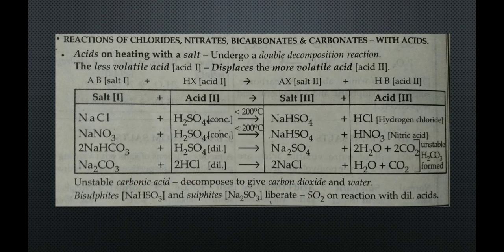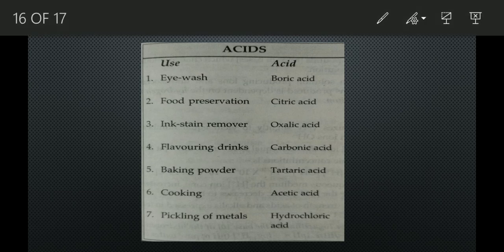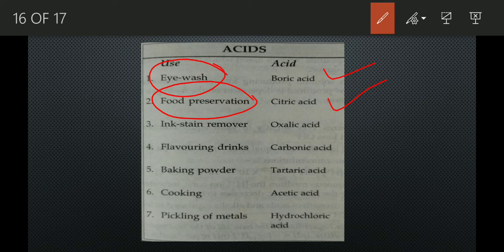Next is the uses of acids. There are different types of acids like boric acid. Boric acid is used as an eye wash. Citric acid, which is present in lemons and oranges, is used as a food preservative. Oxalic acid is used as an ink stain remover.